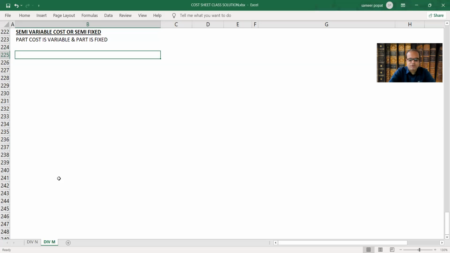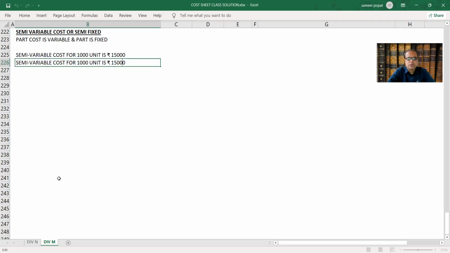So let me just give you an example. Suppose you are given that semi-variable cost for, let us say, 1000 units is rupees, let us take 15,000.